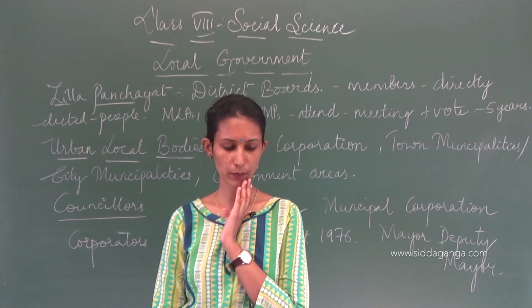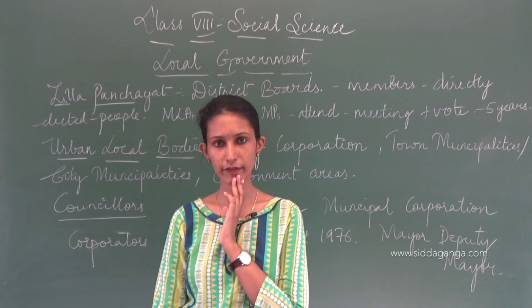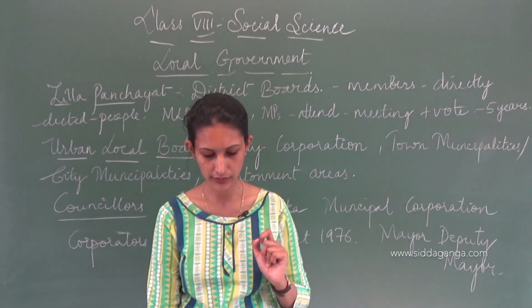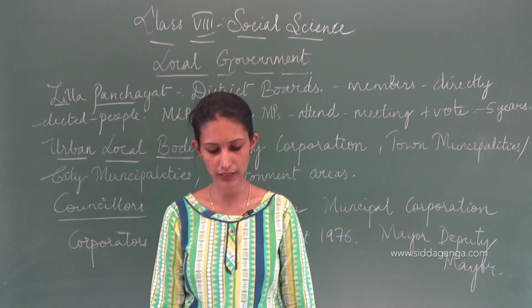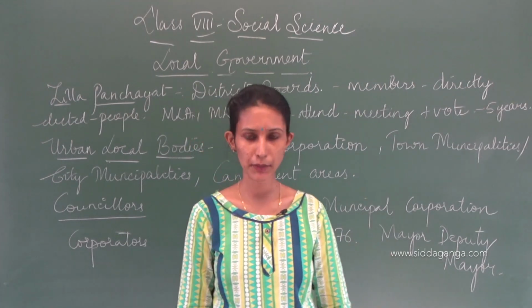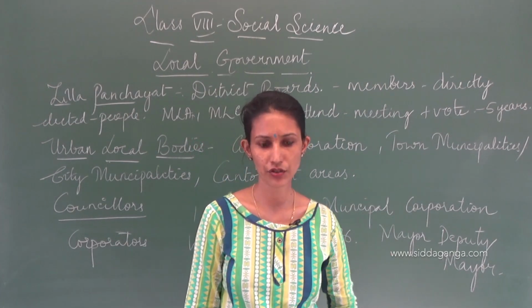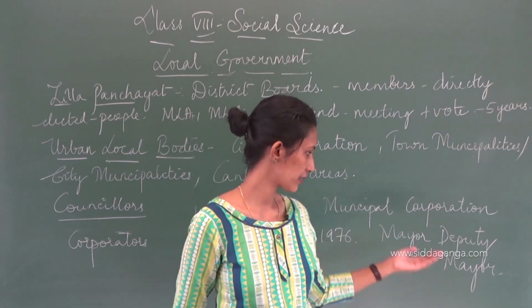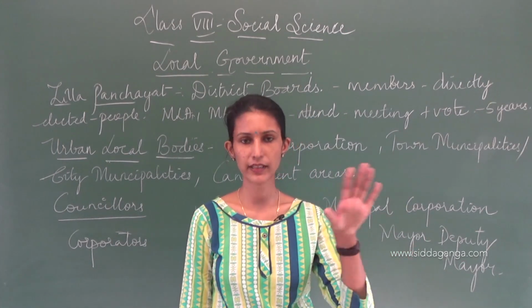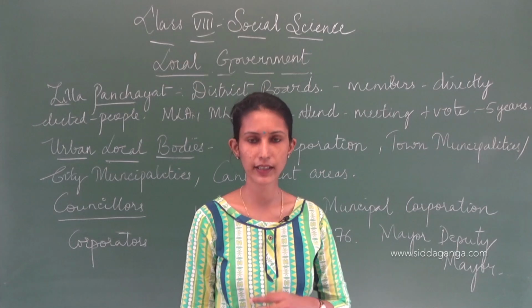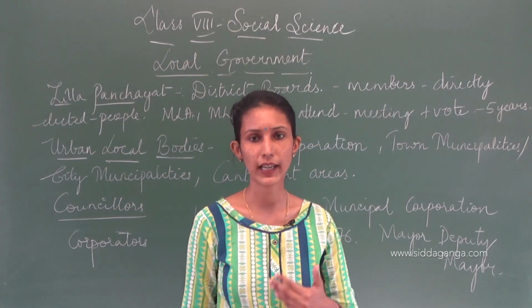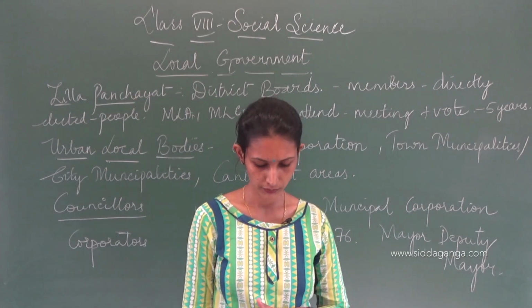He attends the meetings, gives his required information to the council, and gives decisions to the council. Then he assists the mayor in preparing the budget of that city and in the functions of execution also.